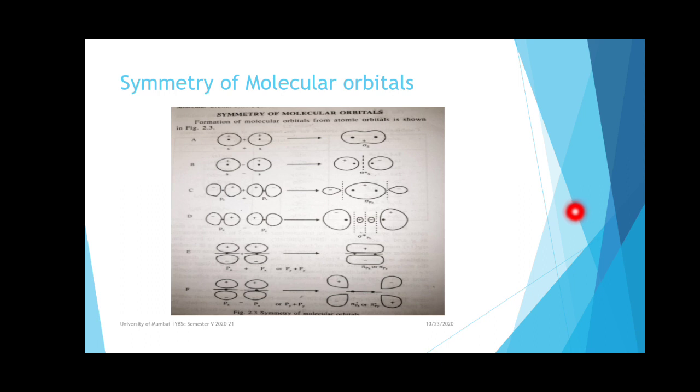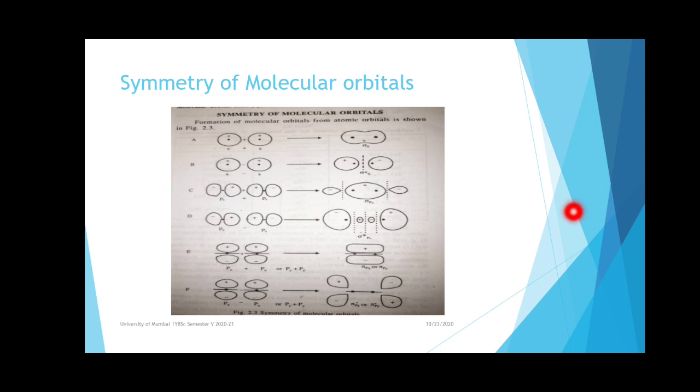two atoms, let's say, and these two atoms have different orbitals, right? For example, atom A has different orbitals, atom B has different orbitals, depending upon their atomic number or their type.